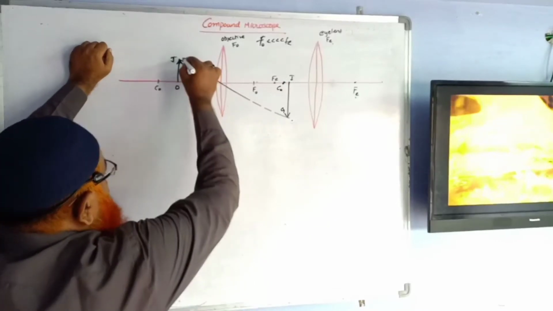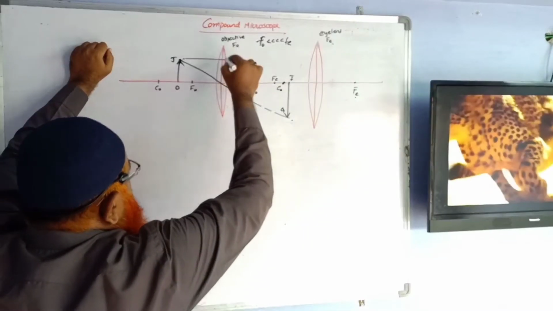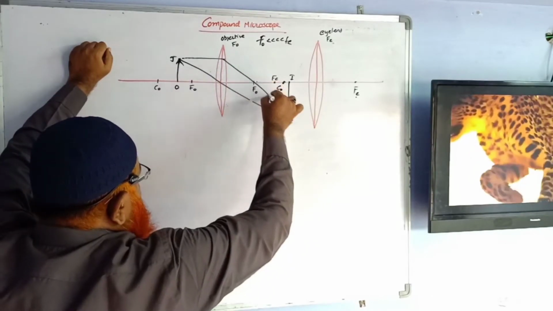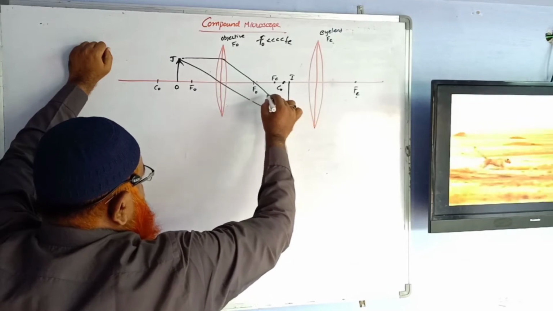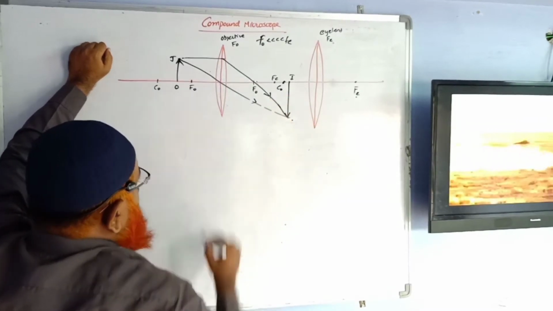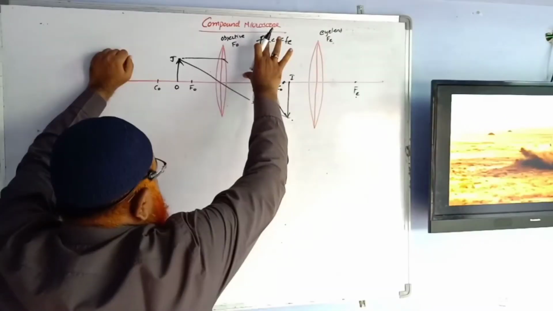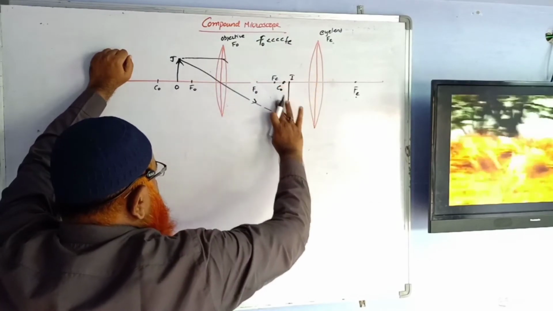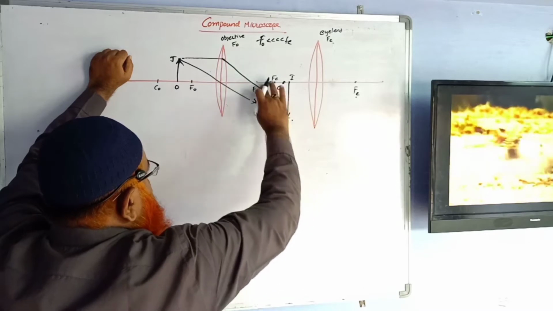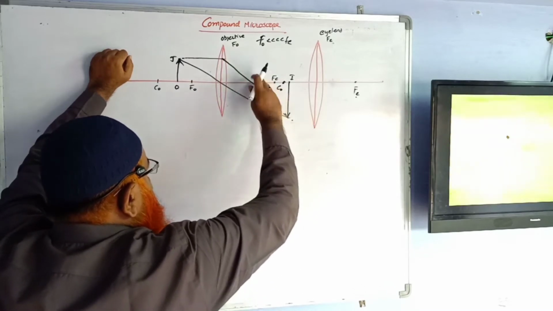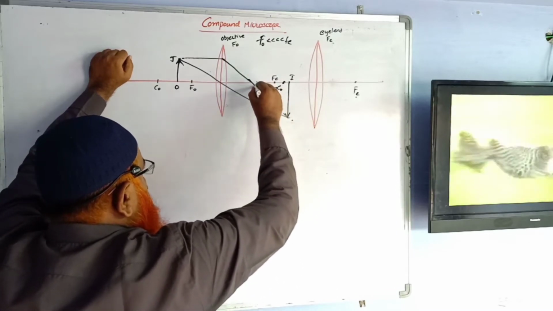So let us see what is going to happen. I am drawing a line here like this, which is passing through the focal point, and they are going to join somewhere here like this. Let us imagine. Okay. So one is a parallel beam of light ray. Another is a light ray which is passing through the focal point. One is a parallel beam of light ray, and this parallel beam of light ray definitely has to pass through the focal point.